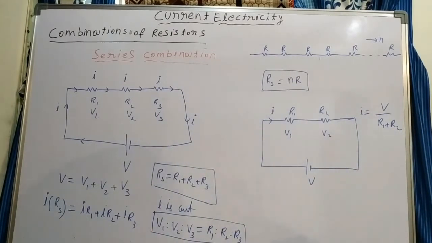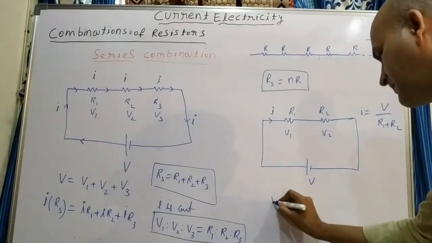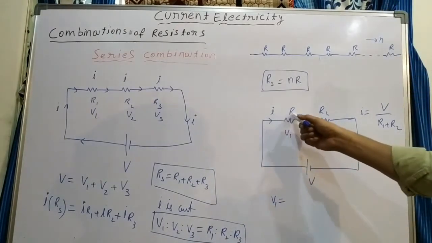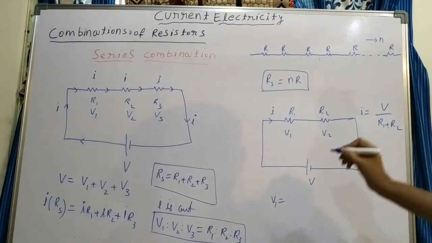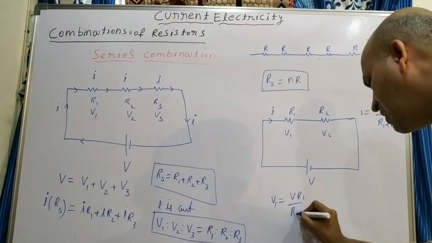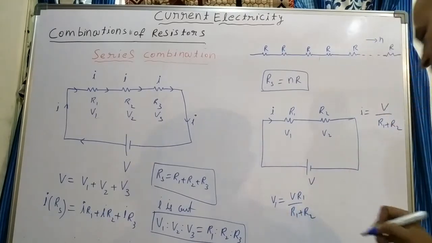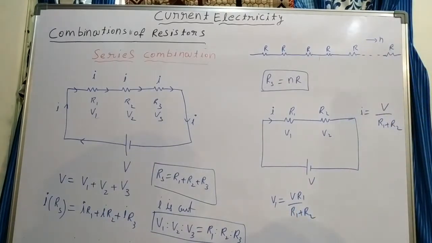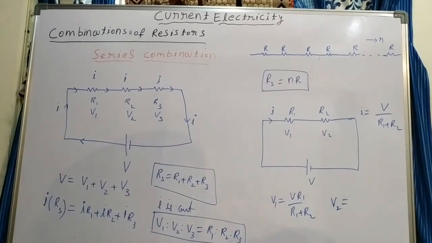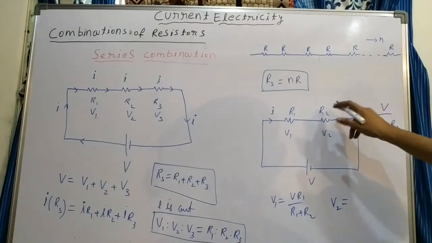What about the potential across the first resistor, V1? V1 is equal to, according to Ohm's law, IR, I is nothing but this. So we can write V R1 by R1 plus R2, potential across the first resistor. Now the potential across the second resistor, V2, is equal to total current, this, into R2.